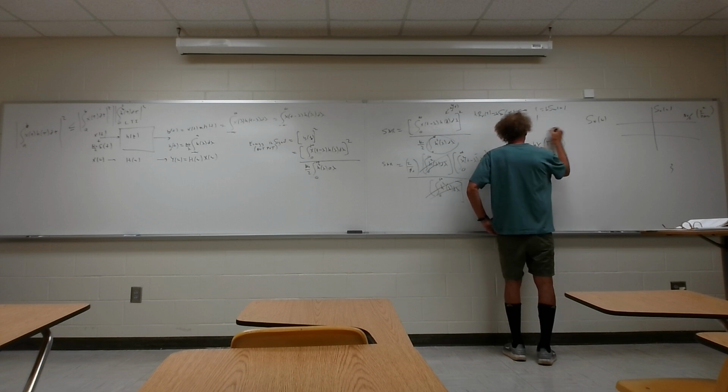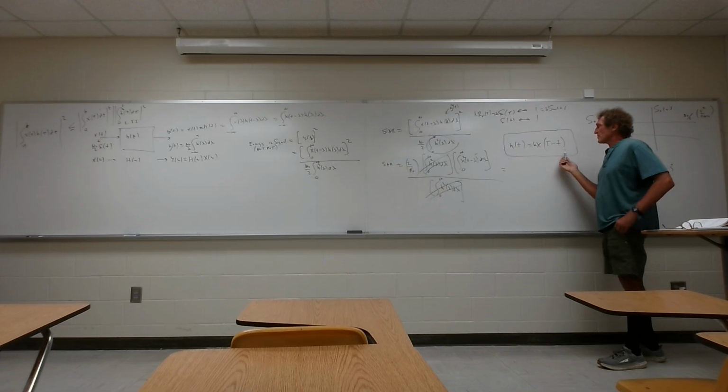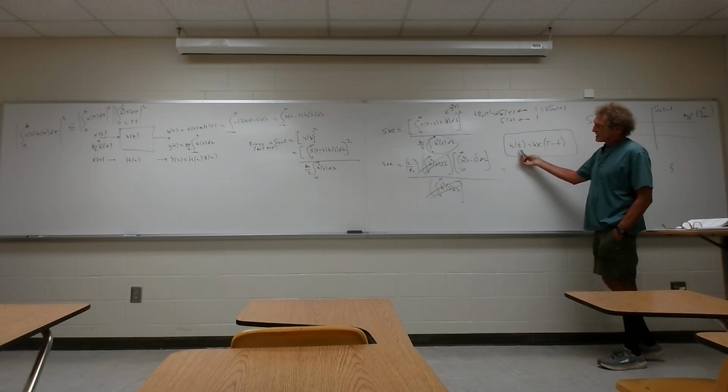If that is h of t, you have to have the input signal, and you time reverse it, and that's just a scale factor k. This h of t, I guess you could prove this too if you put it in there.